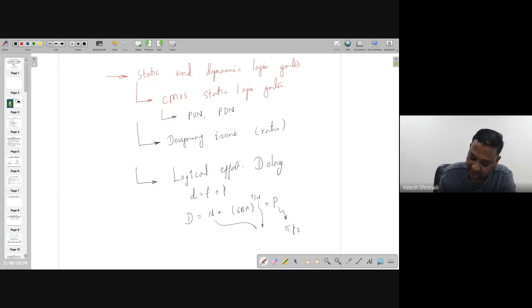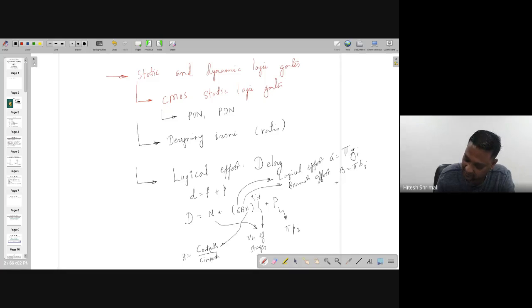N is the number of stages. G is the logical effort, but the capital G is the multiplication of all respective logical efforts. B is the branch effort, where B is nothing but the multiplication of all such branches, and H is the electrical effort, which is C out path divided by C in path.